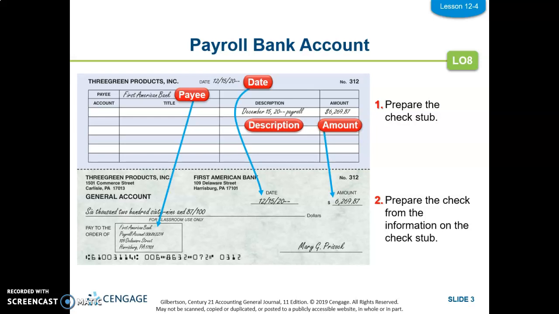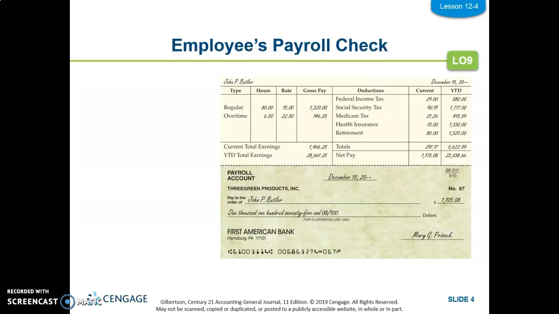So once we've done all of that and filled out a check, and you guys hopefully remember how to do that, so I'm not going to spend any time on that, then we would write all of the checks for the actual employees so that they get their pay for the time that they work.